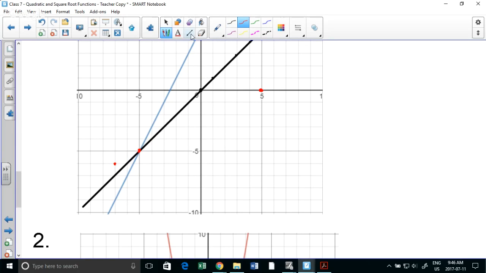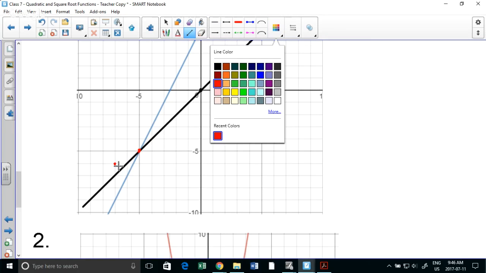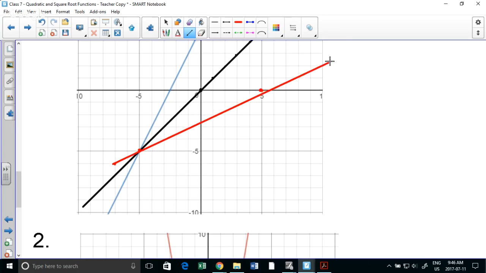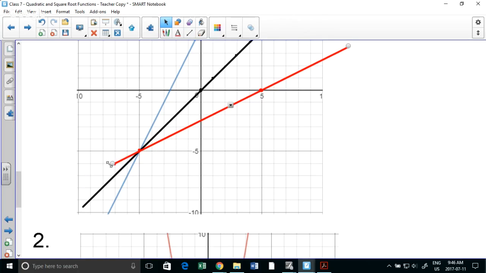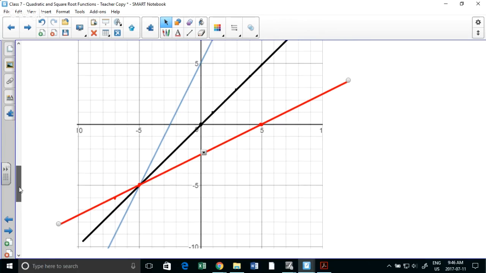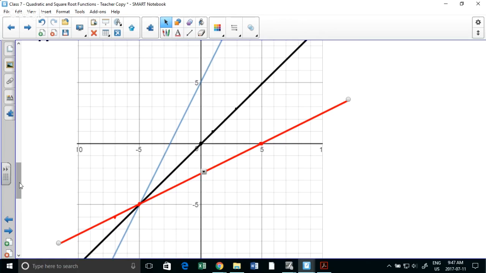So essentially, it's a mirror image. And then I would sketch the line through. So notice that red and blue are mirror images of each other. So this means that they're inverses.